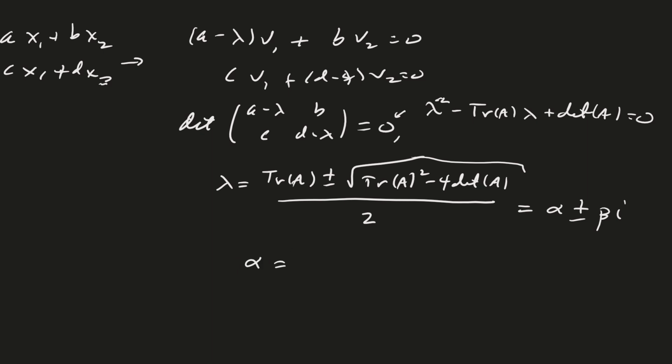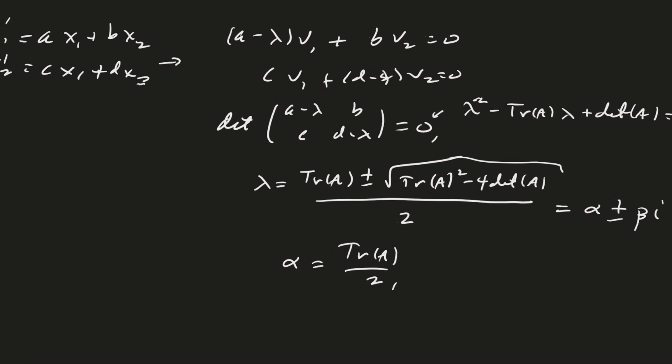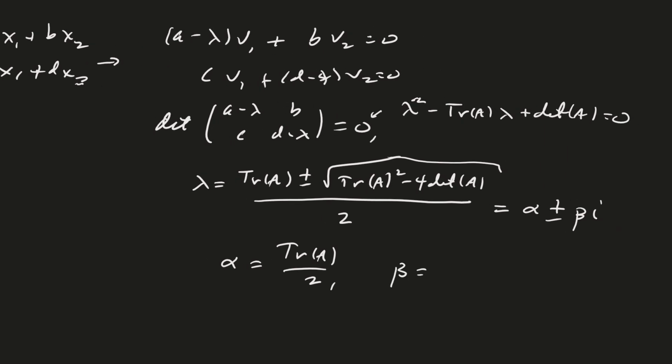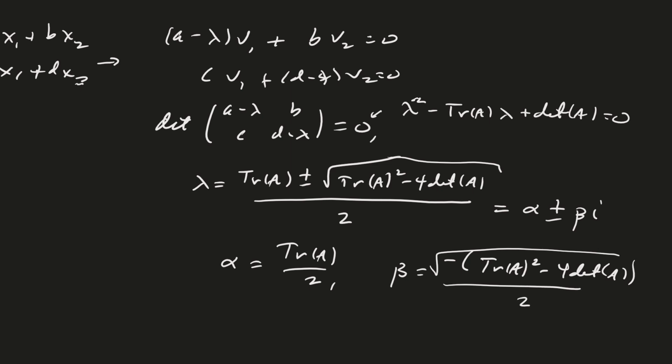Alpha is the trace of A divided by 2, and then beta is equal to the square root of negative the trace of A squared minus 4 times the determinant of A, divided by 2, because of course the trace squared minus 4 times the determinant is negative, so we're making that positive.